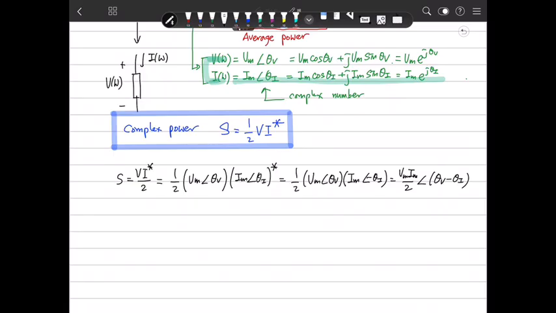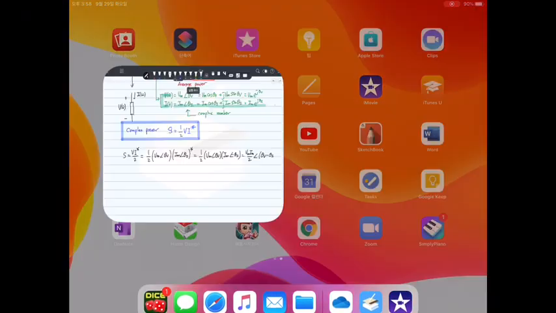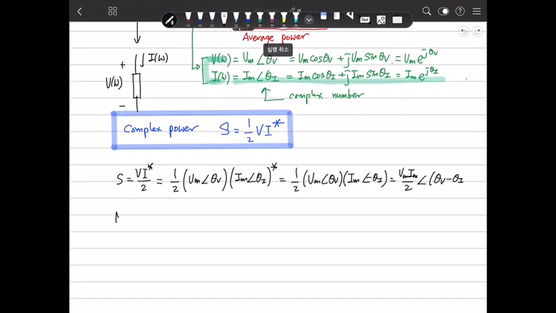So here we have defined another variable. The magnitude of the complex power S is Vm Im divided by 2.